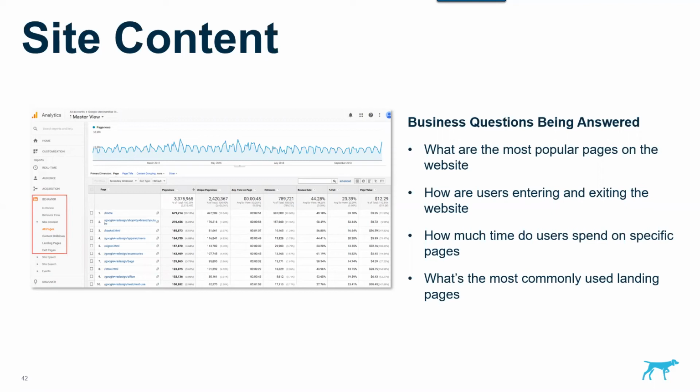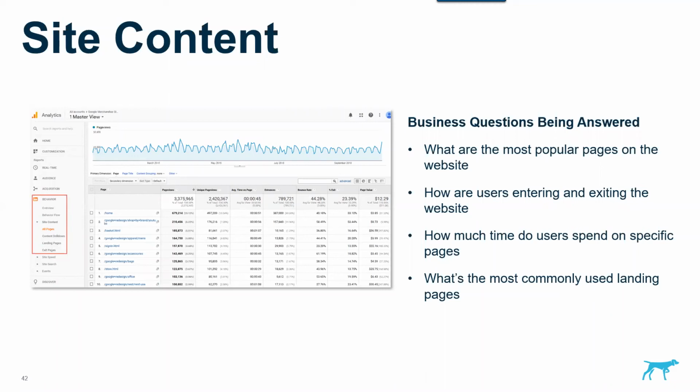I think there's lots of interesting insight here. If you look at the bounce rate for a particular page and you notice that it's really high, and maybe it's a blog page, there's something not right with the content that's sitting on that page. If you find that people are exiting quite a lot from a certain page by looking at the exit percentage, that might require further investigation.